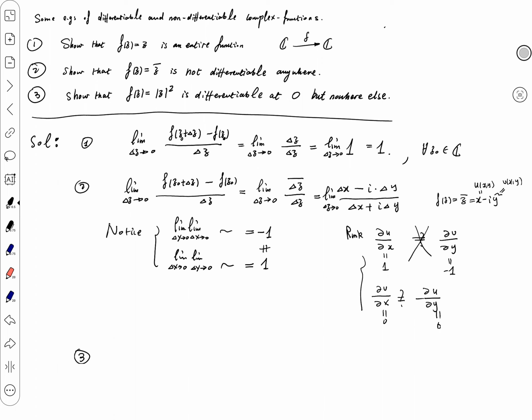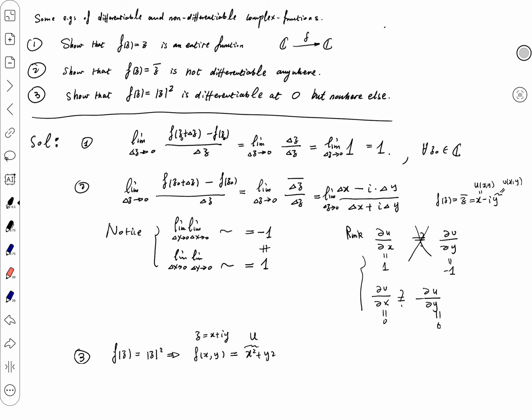Lastly, let's say this. f(z) equals the modulus of z squared, which means f(x + iy) equals x squared plus y squared.